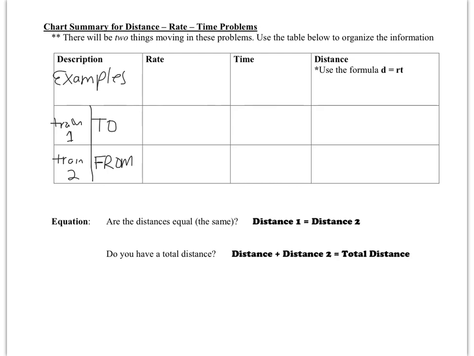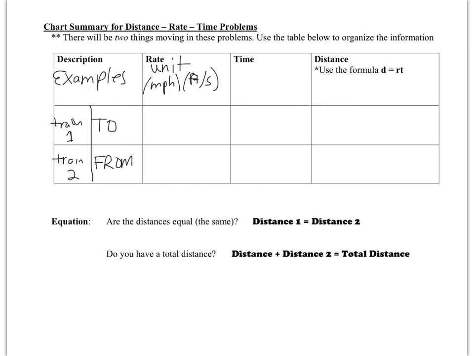The rate is always measured with a unit rate. For example, miles per hour is the most common. You could have feet per second. What if you're measuring how fast a bug is moving? That could be in feet per second.